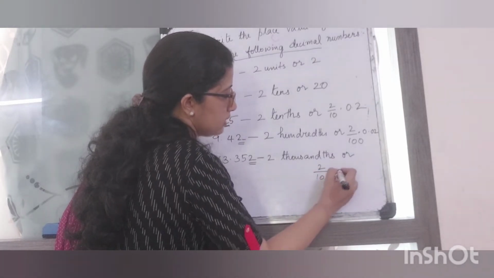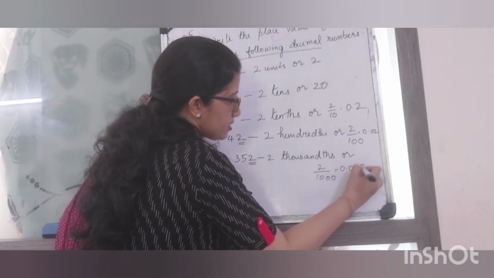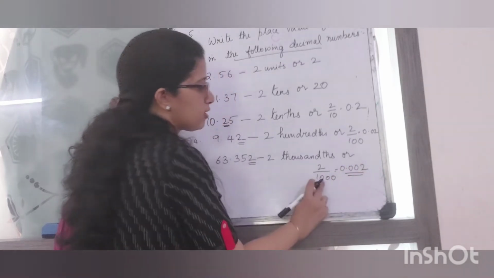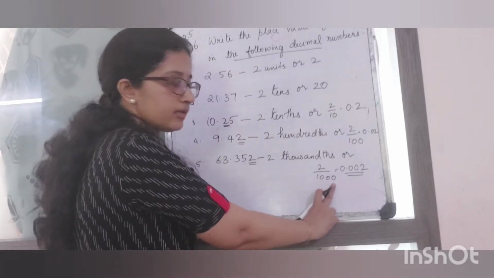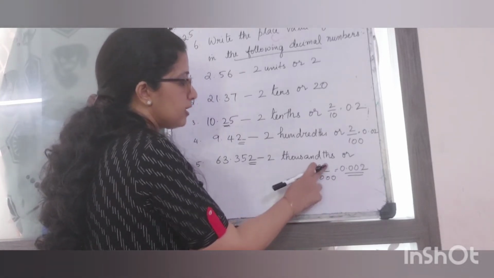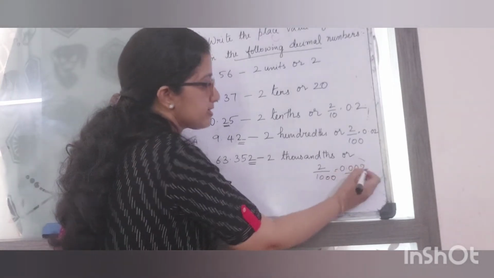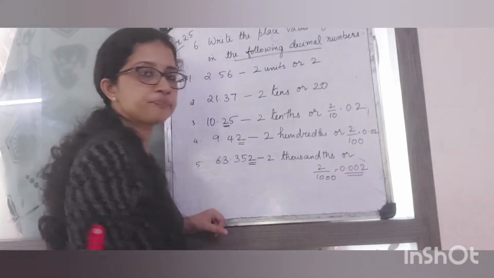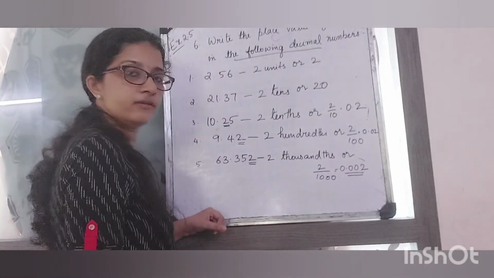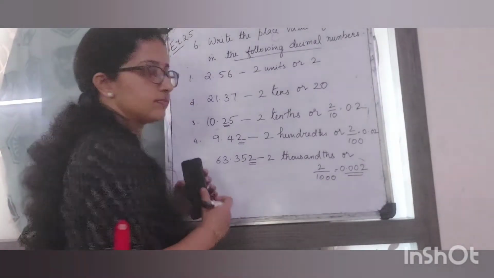It is not 2000, it is 2 by 1000, which is equivalent to 0.002, because there are 3 zeros in the denominator. It is 1000. So whenever we divide by 1000, we have to keep 3 digits to the right-hand side of the decimal point. So 0.002. Clear? Okay, now let's move on to the next question.